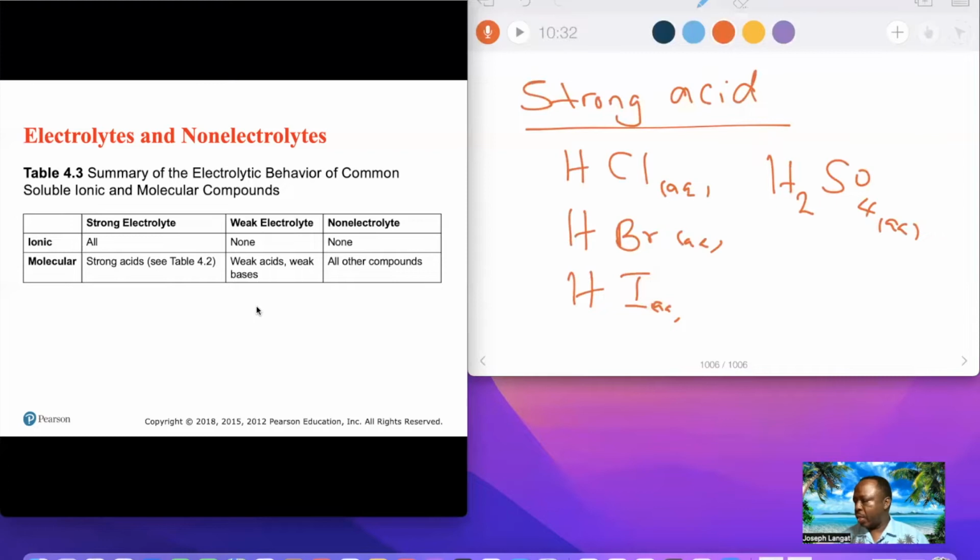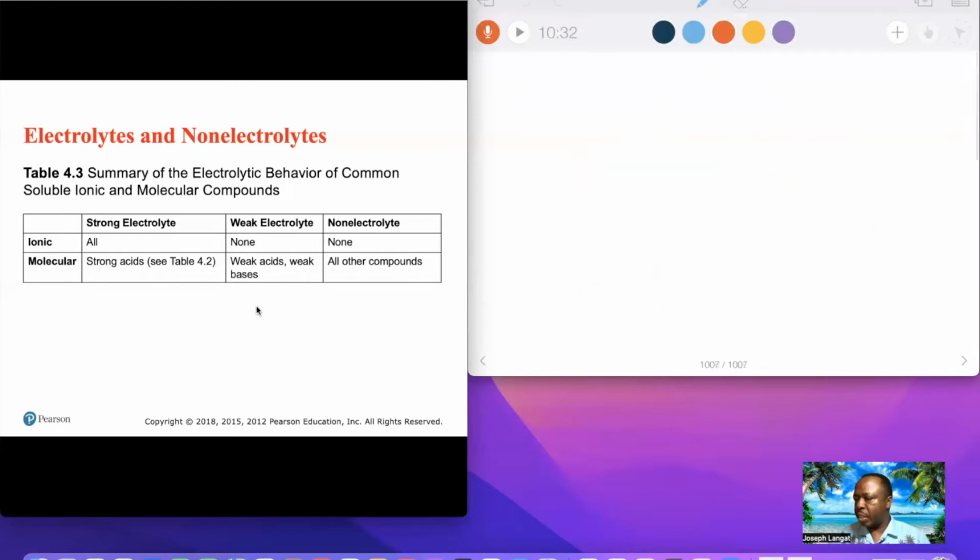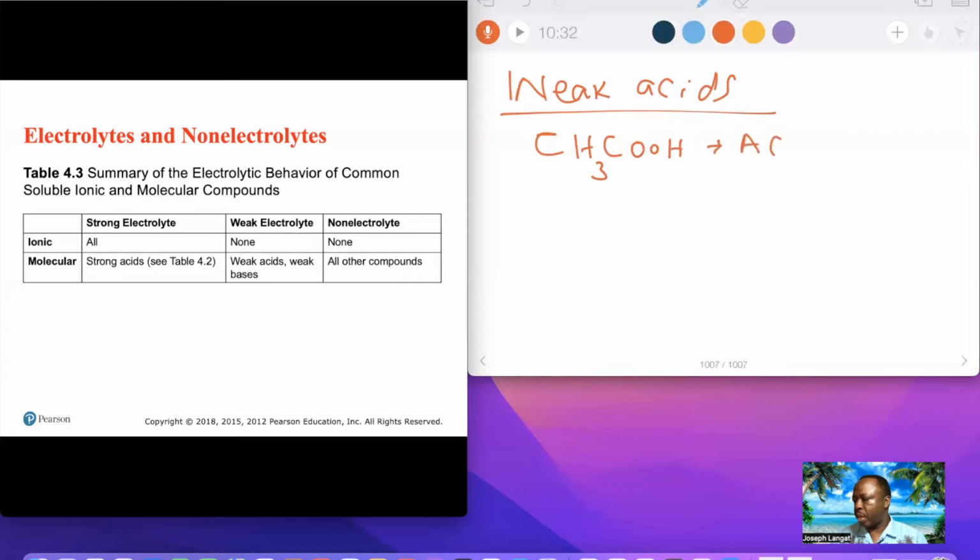Now, weak electrolytes include weak acids. You should know by the end of chapter 4, if you look at table 4.3, acetic acid, for example, is a weak acid, a weak electrolyte.